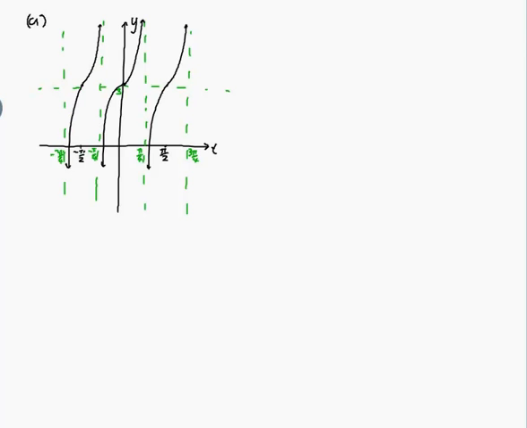And it will continue outwards in that fashion. So this is my graph of y equals 3 plus tan 2t.